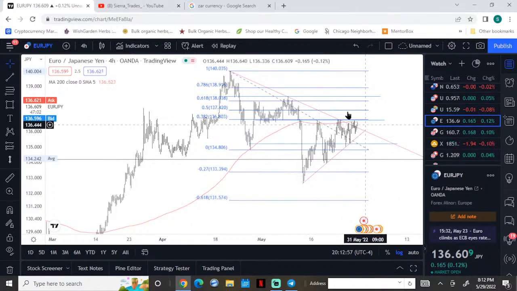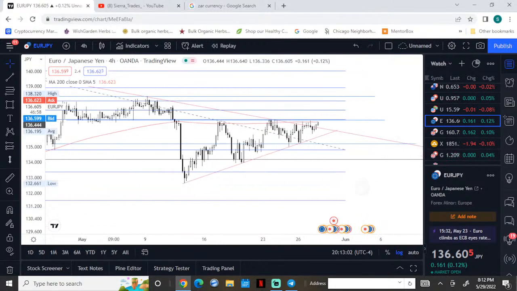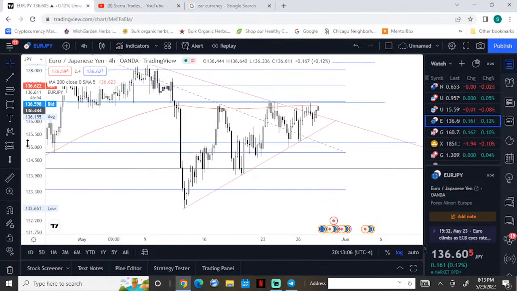It's playing around on this 200 moving average, and it has also broke out. I want to wait and see a retest before taking this higher.